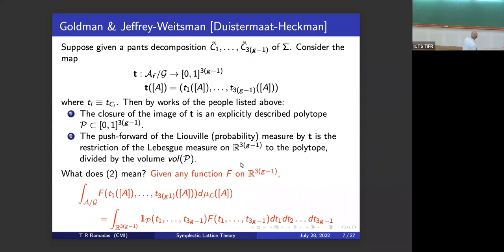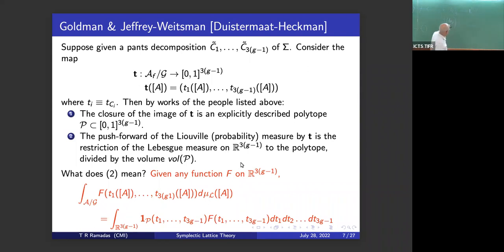Secondly, this is the situation: I have this map from A_F mod G, which I call T, to R^(3G-3). Here I have the Liouville measure coming from the symplectic form. I will say this in fancy language, but I will explain what it means in the red sentence.